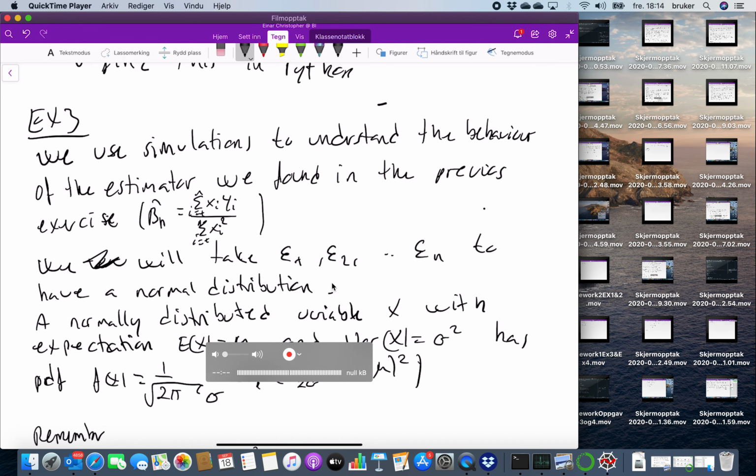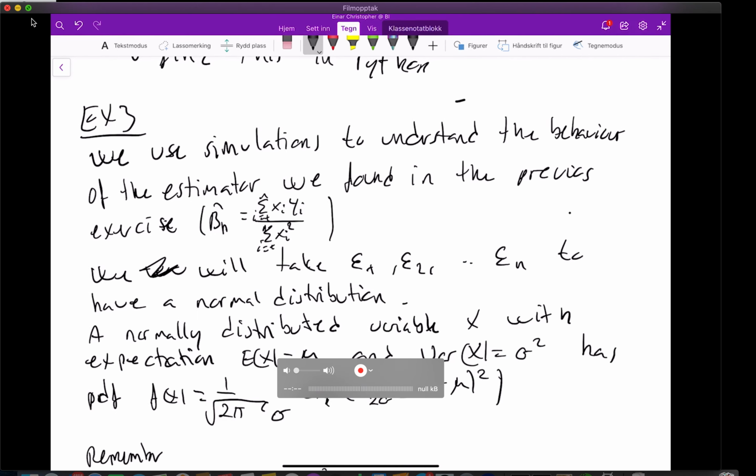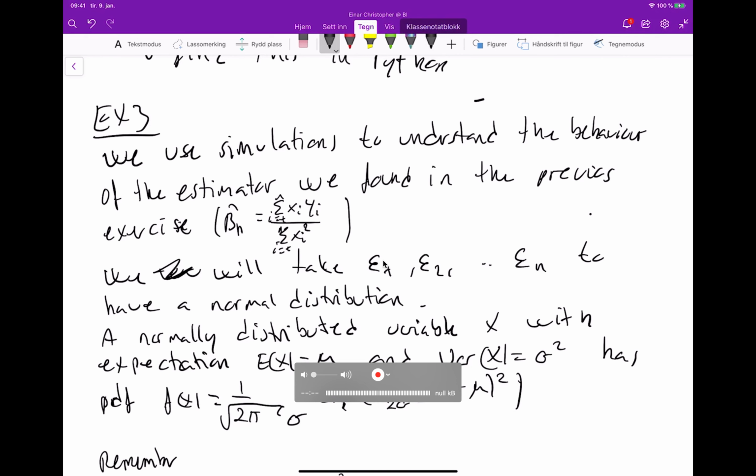First a little information. We will take epsilon 1, epsilon 2 up to epsilon n to have a normal distribution.